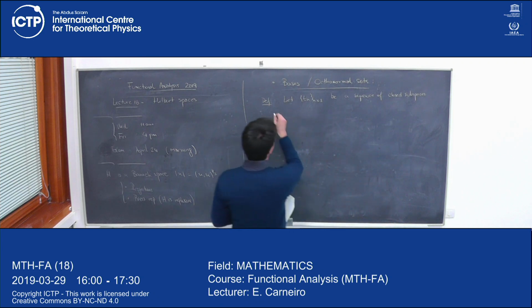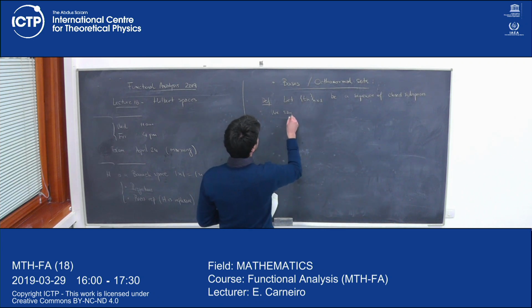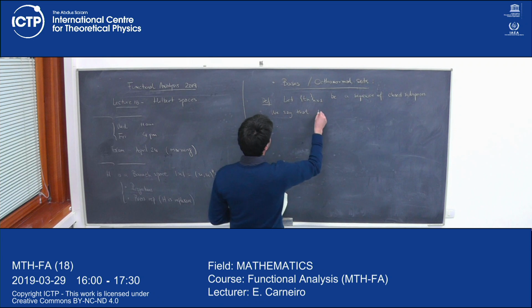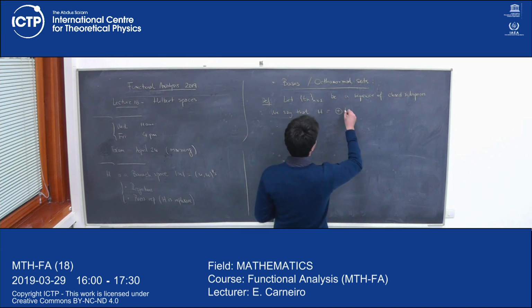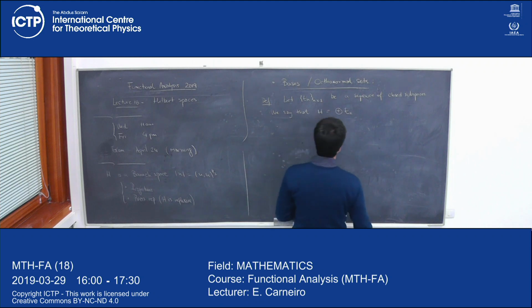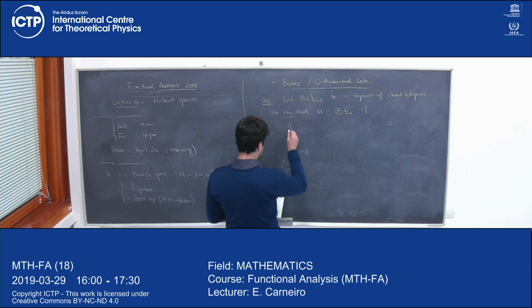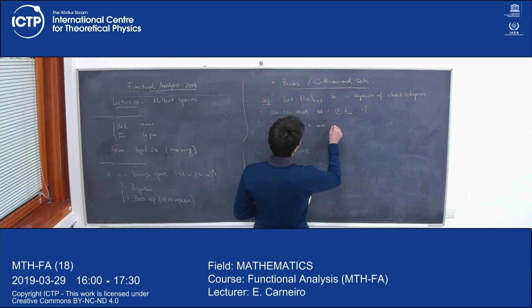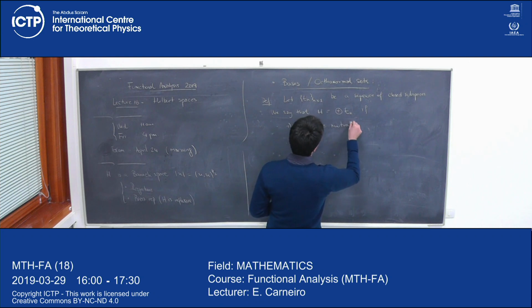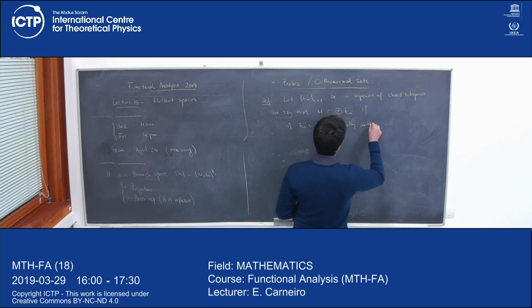We say that H is a direct sum or Hilbert sum of the E_n if, first, these spaces E_n are mutually orthogonal.